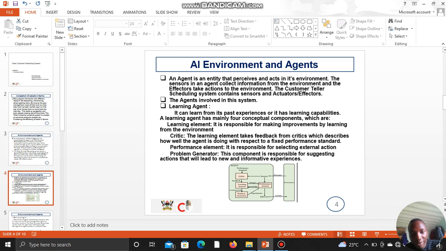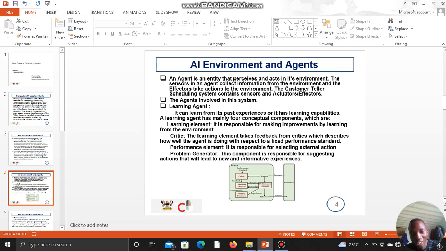The agents involved in this system include the learning agent. It can learn from its past experiences and has learning capabilities. A learning agent has mainly four conceptual components. We have the learning element, responsible for making improvements by learning from the environment.